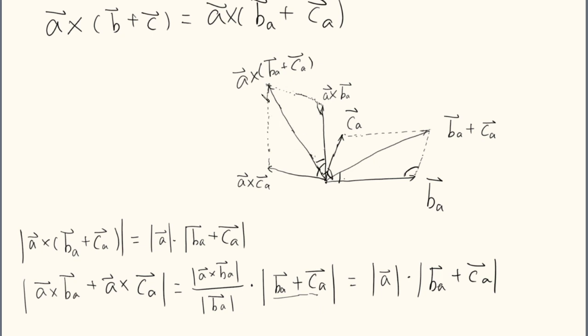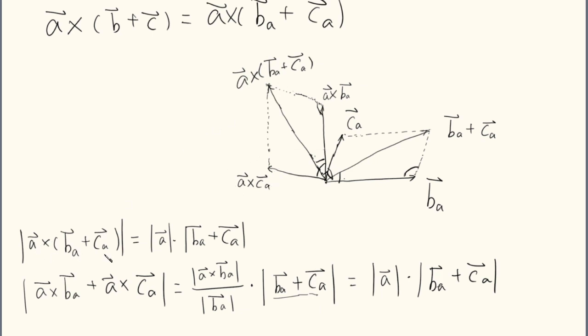So we can prove that the length of this cross product and the length of the addition of these two vectors are the same. One by one.